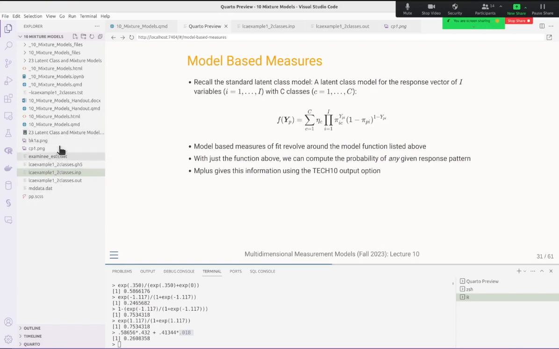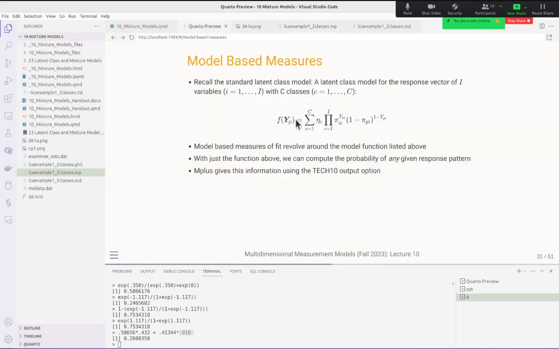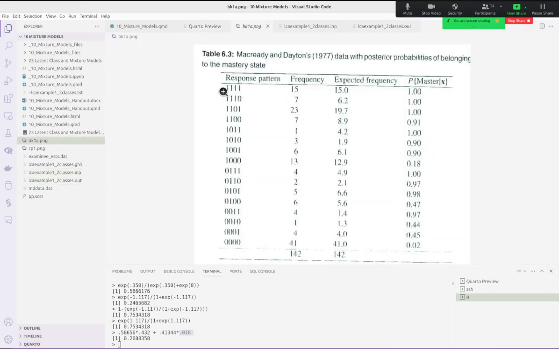And that's exactly, if you looked at this picture from Bartholomew and Knott, let's see here, nope, this is not it. This is the posterior probability of mastery. But what you can end up seeing here, this expected frequency, comes from our model itself. If we plug in all of our model parameters, and then we look at the actual values of y, in this case the first response pattern is 1, 1, 1, 1.